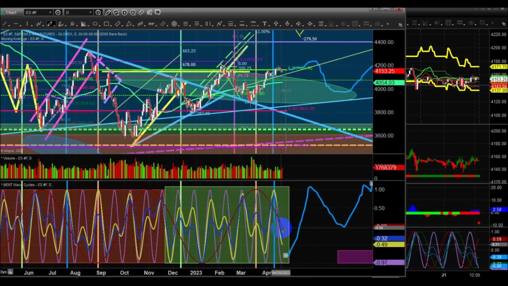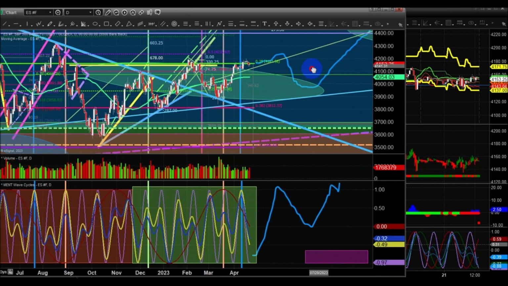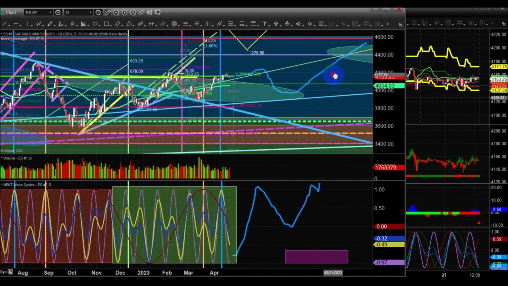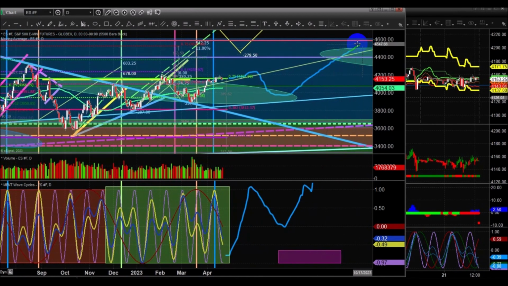Once this broad cycle bottoms right over in here, it's going to roll back up, and then we are going to be over in this area, July, August, September, October. We are going to be moving into a very strong upward trend, and I believe we're going to be likely pushing up into the 4,400, 4,600 area on the ES by the end of this year. That'll put us near new all-time highs by the end of this year.